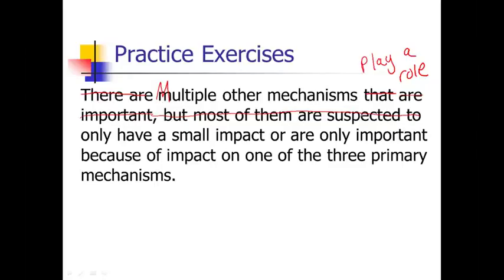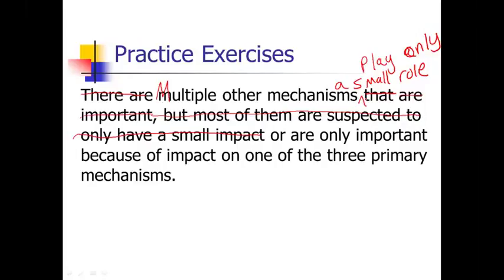So what I'm going to do here is be really direct and say "multiple other mechanisms play," and instead of saying "the small impact," I'm going to say "play only a small role." So how about that, right? There I'm capturing the idea that some of them only have a small impact. So "multiple other mechanisms play only a small role, or," and then we can go right into "they either play a small role or they're working through one of the 3 primary mechanisms."